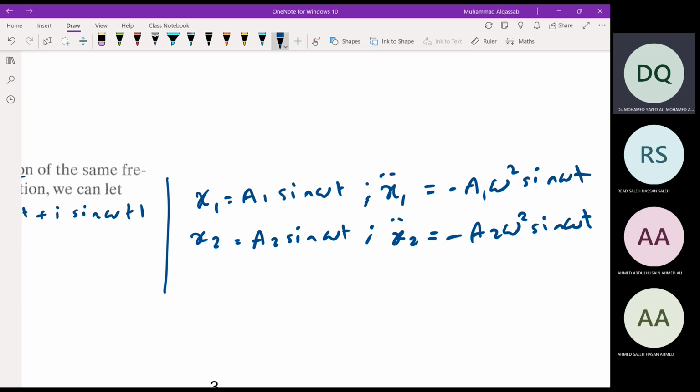Now let me show you that if you substitute with different omegas, there is no solution.